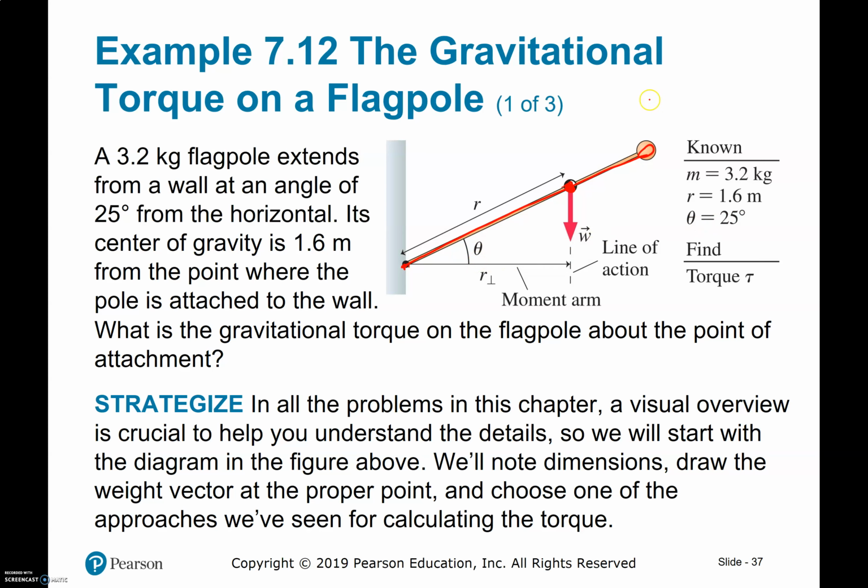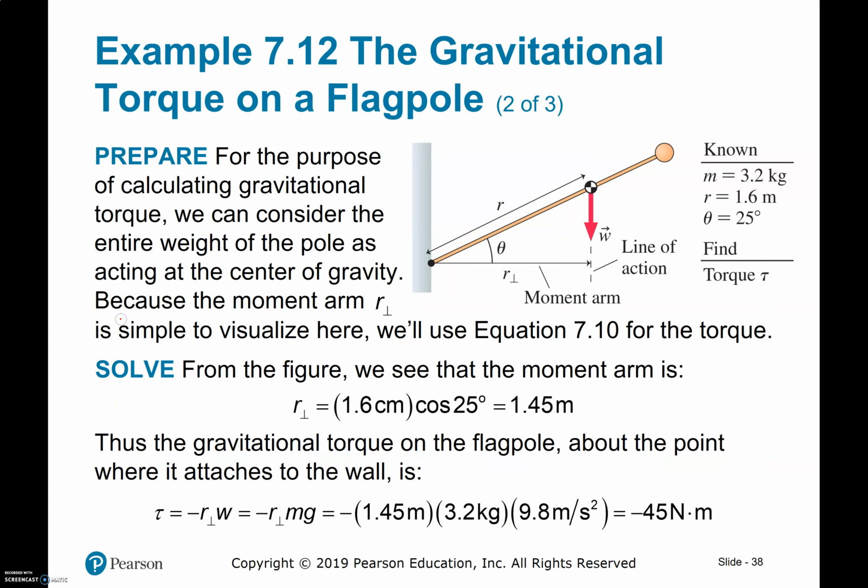Well, we need to find the torque due to gravity here. It is either r perpendicular times the weight, or r times the weight's perpendicular component. So it is either this distance times this, or this distance times this component. Both give you the same answer.